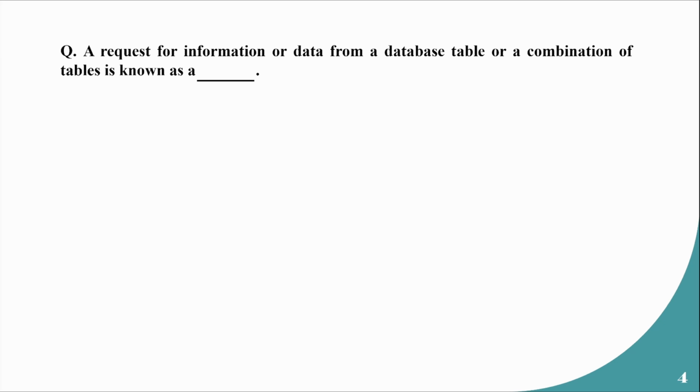Okay. So here we have a question: a request for information or data from a database table or a combination of tables. What is that known as? That's the request for some information from a database, right?